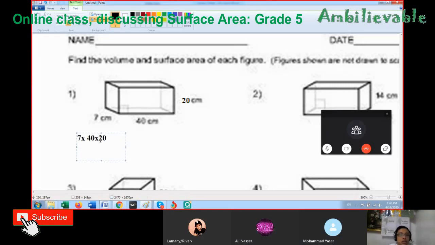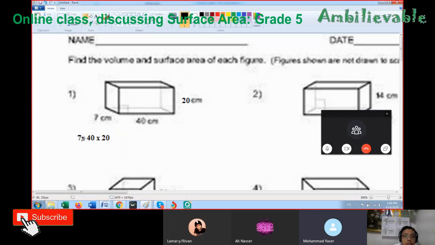What is your answer? 7 times 40 is 280. 280 times 20 is, let me take a little time. 280. The technique: remove the 0. 28 multiplied by 20 is 56.